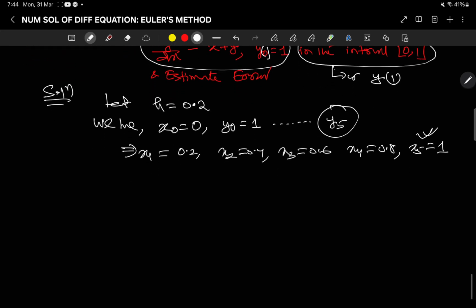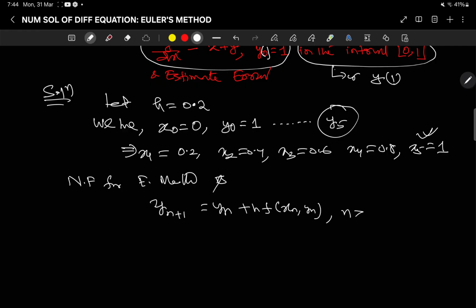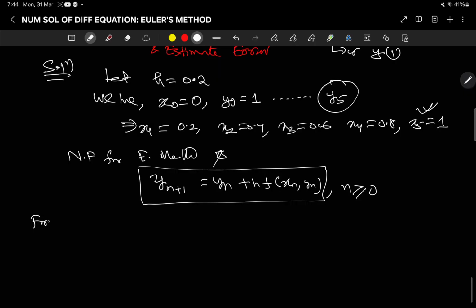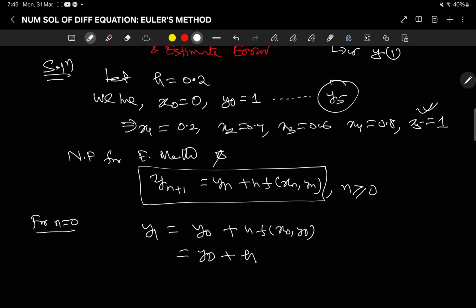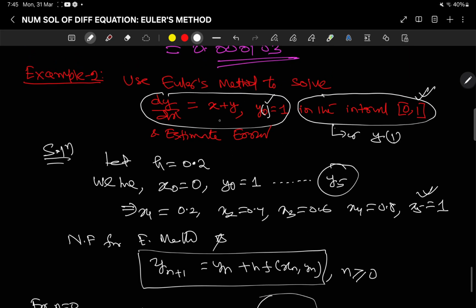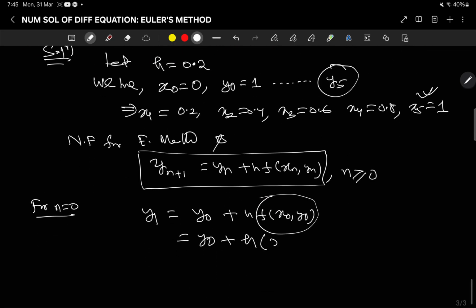So what is the necessary formula? The formula for Euler's method is y(n+1) is equal to yn plus h f(xn, yn), with n greater than or equal to 0. For n is equal to 0, y1 is equal to y0 plus h f(x0, y0). The function here is x plus y, so it is x0 plus y0.